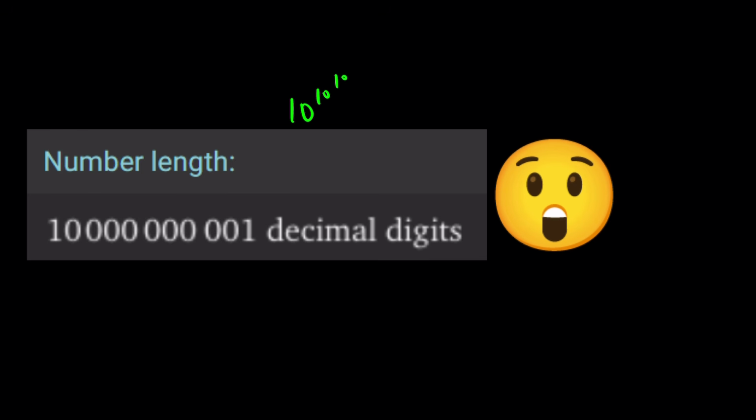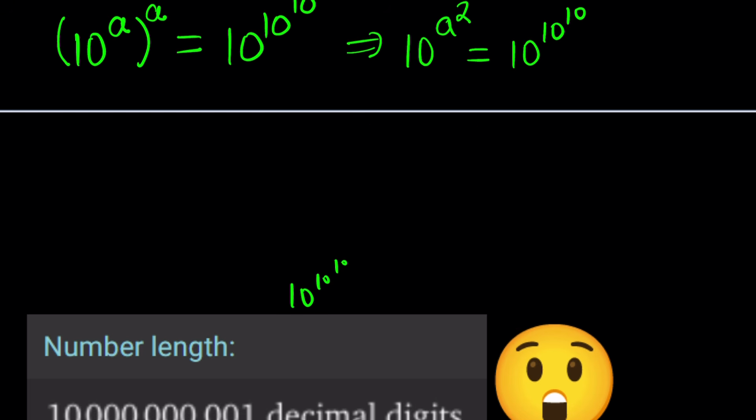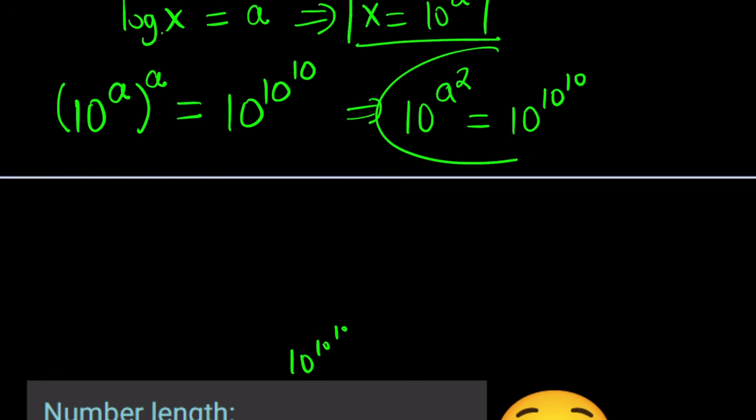And what is that number? It is 10 billion and 1 digits. Think about it. Where does the 1 come from? You have 1 followed by 10 billion zeros. That's basically what it means. That number is huge. I don't think you will have enough time to write it, or maybe if you do, it's going to take a long time. So, having said that, let's go ahead and pick it up from here.